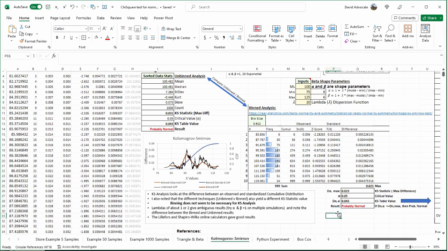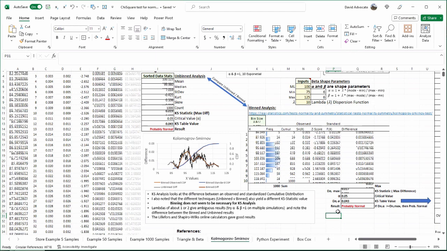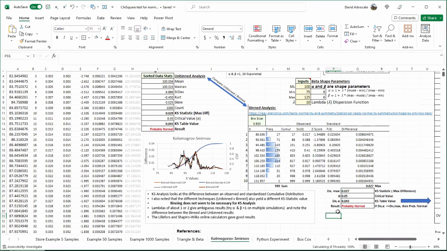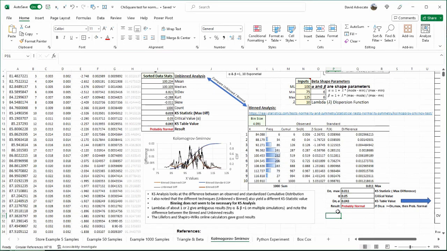Now we can run this multiple times by hitting the F9 key, and pretty consistently this turns out to be probably normal. If we broaden the dispersion, we'll make the lambda 1, then we can see that we get some inconsistent results between the binned and the non-binned analysis.